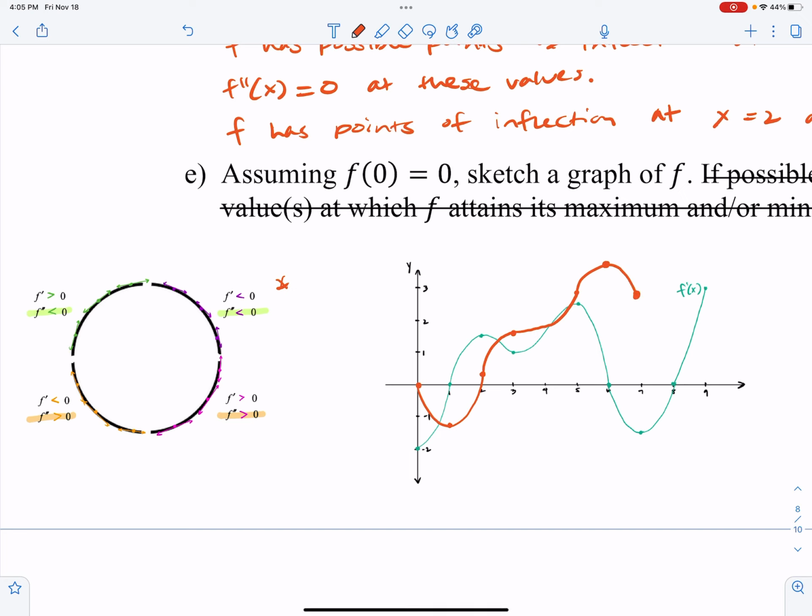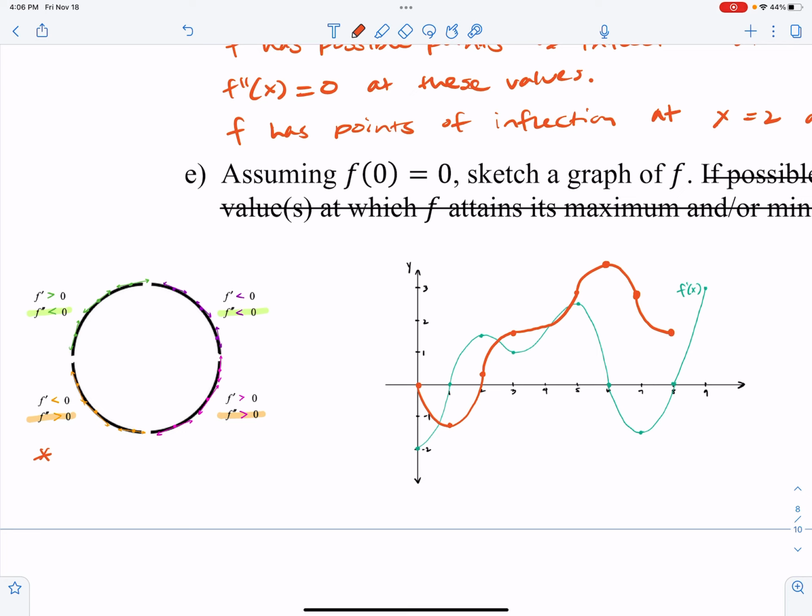Okay, and then from 7 to 8, f prime is negative, but f prime is increasing, so f double prime would be positive. So f prime negative, f double prime positive would be this bottom left section. So I'll switch to concave up.